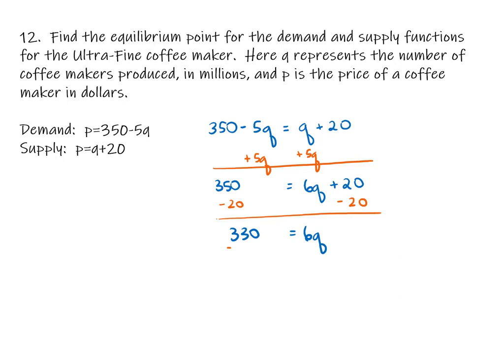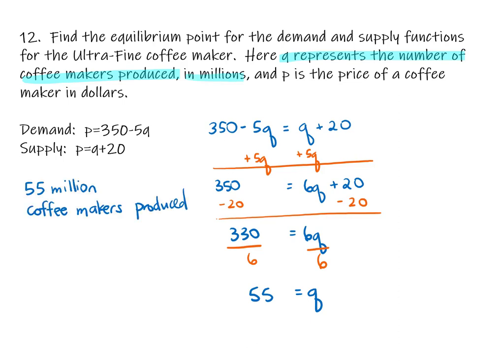Let's go ahead and divide both sides by 6. And I get 55 is equal to q. Let's go and see what q represents. In the question it says q represents the number of coffee makers produced in millions. Let's also find what p is when q is 55.